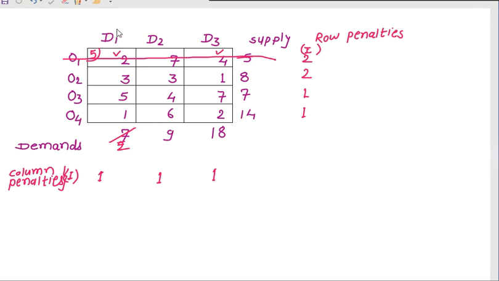But requirements are now changed. For the first warehouse, now the requirement is 2. And for the second and third, the requirement is as it is, 9 and 18. So this is called a revised transportation table because now there is no first row. So whatever is left is called the revised transportation table.